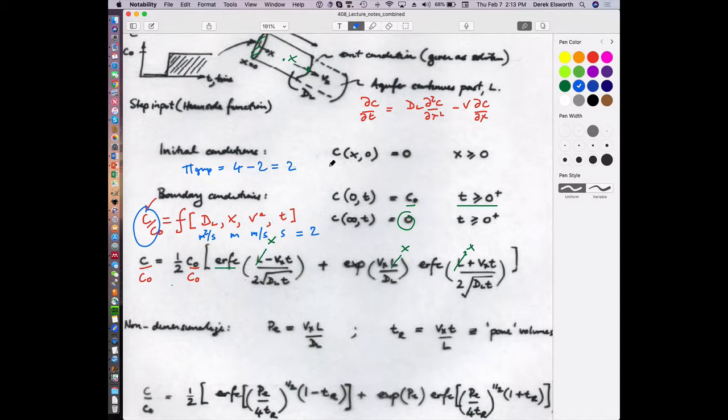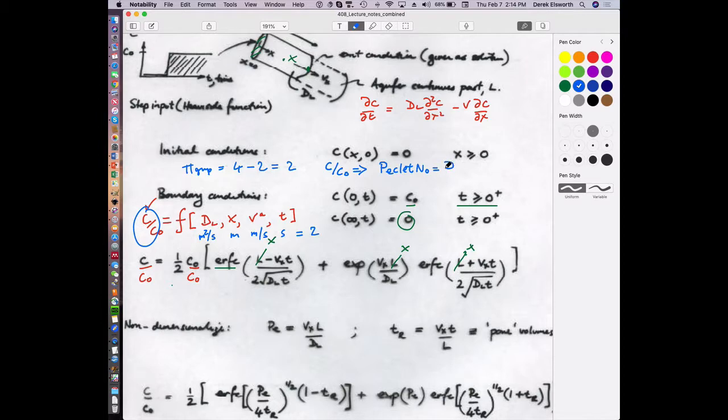And so what we could say is that the relative concentration is going to be a function of 2 groups. We could do it by Buckingham pi, but we can also do it by inspection.